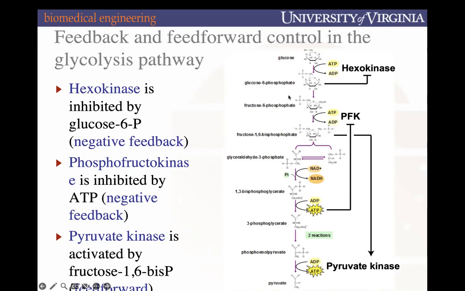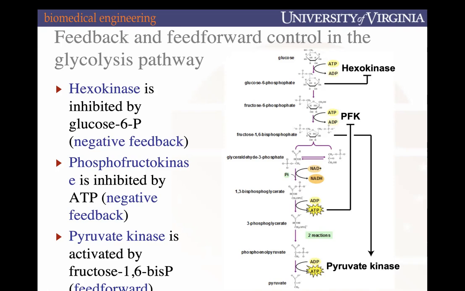As this concentration rises, it feeds back and negatively regulates hexokinase to start turning it off. Additionally, once we produce enough ATP, this ATP will come back and act on phosphofructokinase to start turning it off as a negative feedback mechanism.